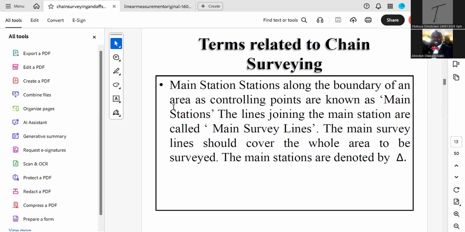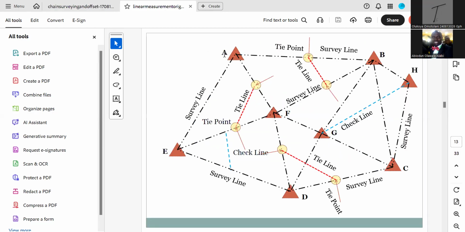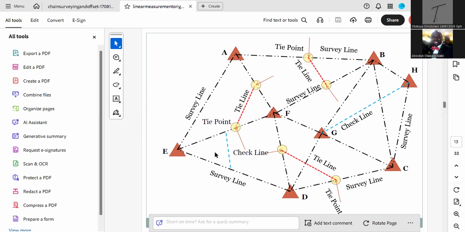Now, look at main stations: stations along the boundary of an area as controlling points are known as main what? Stations. So that's why I was telling you that this diagram I showed you is not a perfect one. The main survey stations here are stations A, B, H, C, D, and E.